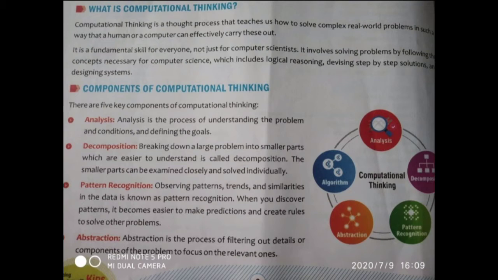Analysis is the process of understanding the problem and conditions and defining the goals. Here we can understand our problems and conditions. After understanding the problem, we can find our goals. Then second is decomposition.